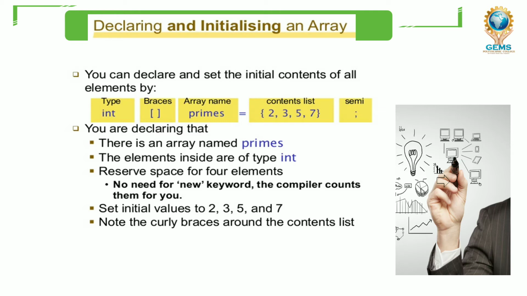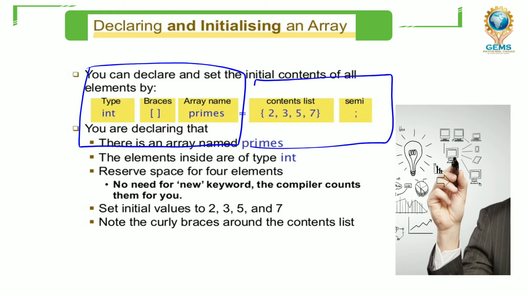Look at this entire part. Here, two parts are there. This entire part is considered the declaration part, and this part is considered the initialization part. In initialization, we are giving values, and in declaration, we are just following the syntax.